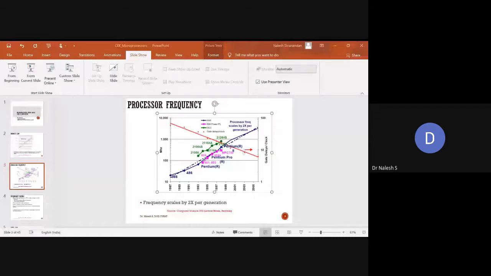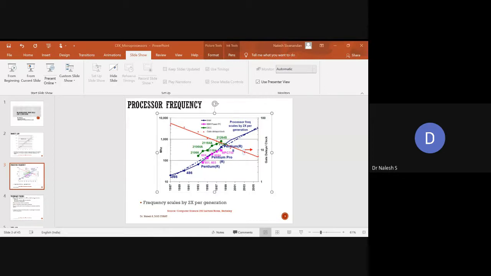As I noted, with every new generation in silicon technology, the frequency scales by 2 times per generation and transistors increase 2 times. More transistors and faster transistors. A new generation of silicon process used to come every 1.5 years.